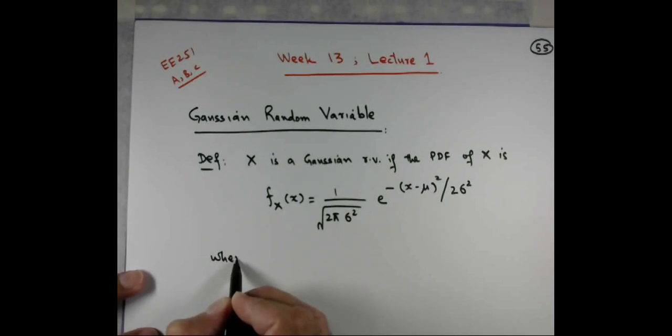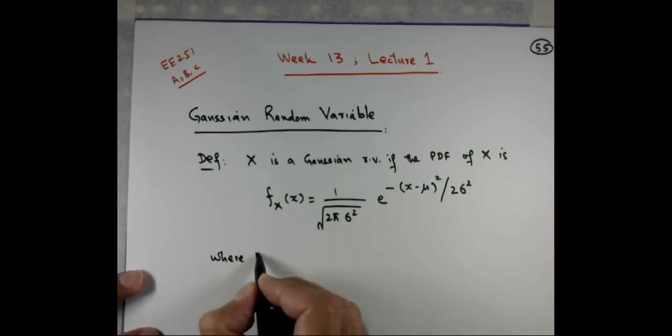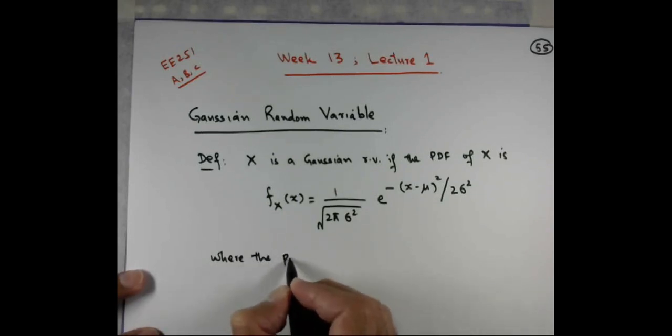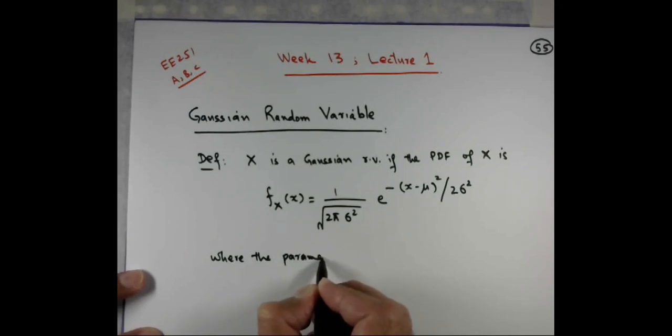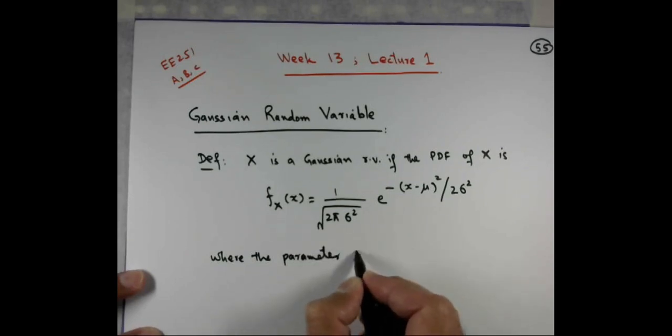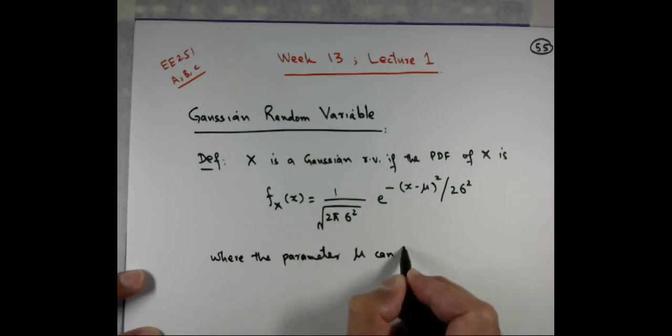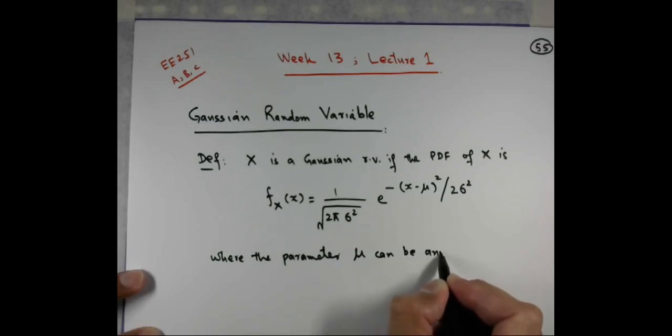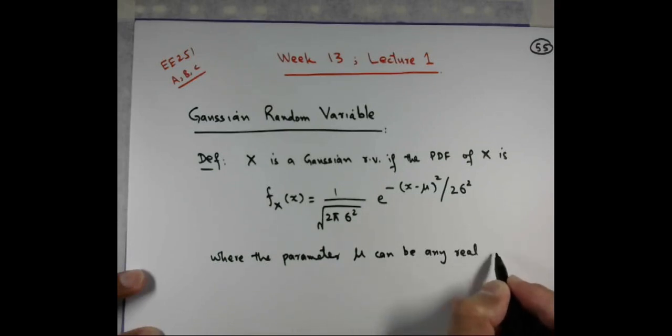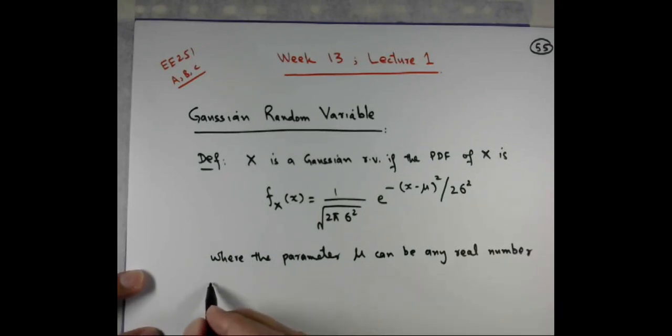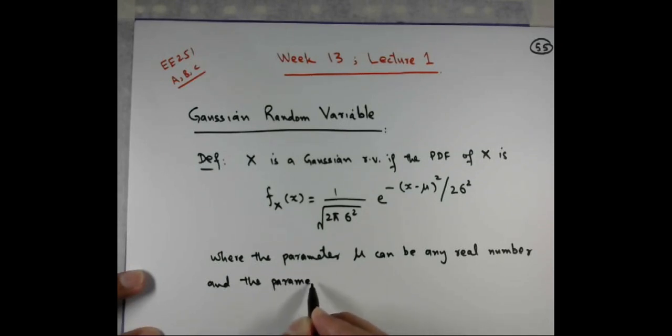We now complete the definition where the parameter mu can be any real number and the parameter sigma is greater than 0.